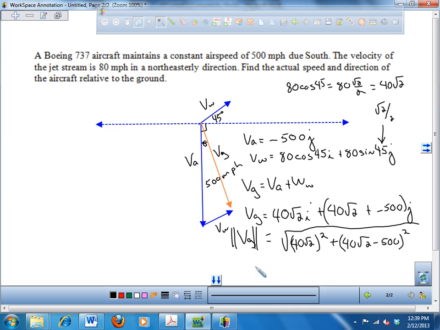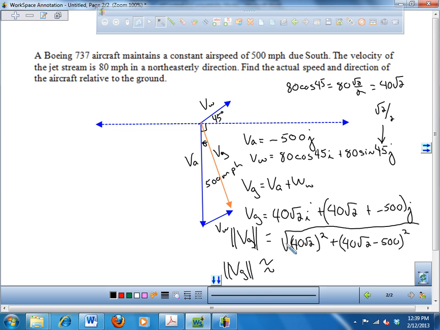If you do that on your calculator, the magnitude is approximately 447, I think. I'm doing this totally without my notes, but I think it comes out that way if you know how to plug things into your calculator.